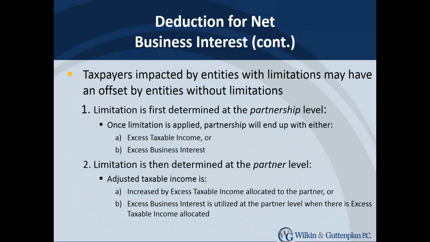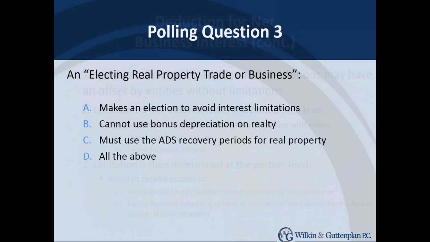Think of a K-1 reporting of that $10,000 that's going to be included as additional information to each particular partner as they then trickle it down to their level, because then the limitation is determined again at the partner level. So it's going to be interesting to see how everything needs to be reported during 2018 and after on the K-1s. Okay.